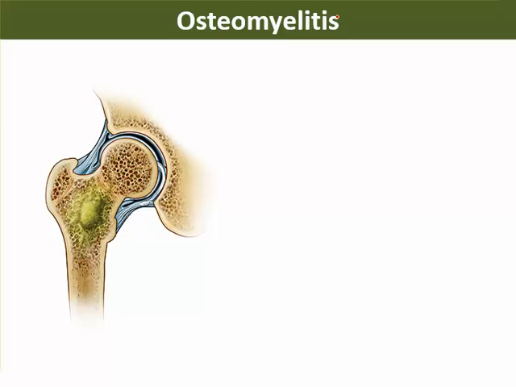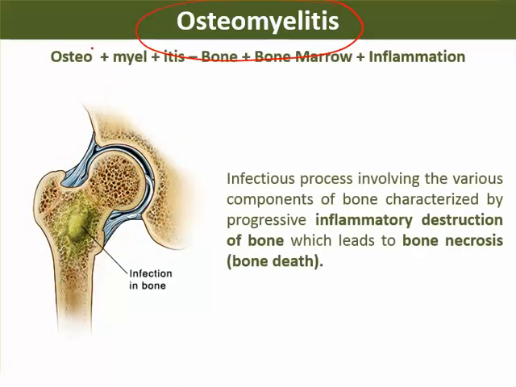Okay, osteomyelitis means, as we discussed yesterday, osteo means bone, myel represents bone marrow, itis means inflammation. So it's an inflammation of the bone marrow and the bone, but we mean it is an infection of the bone.